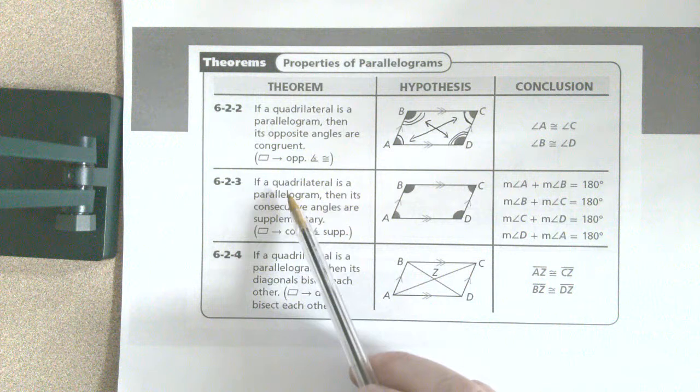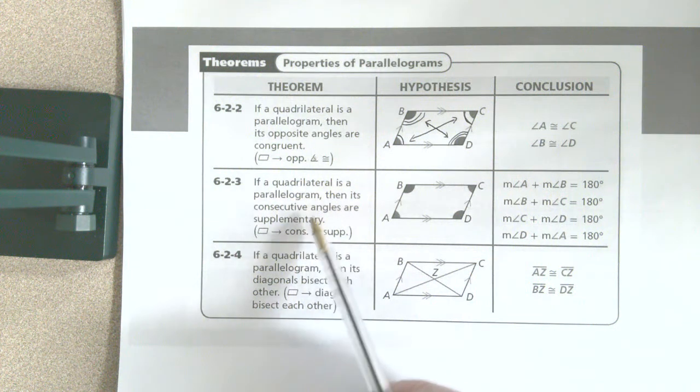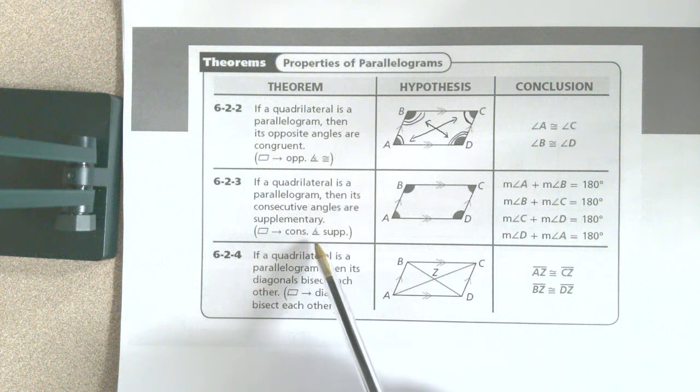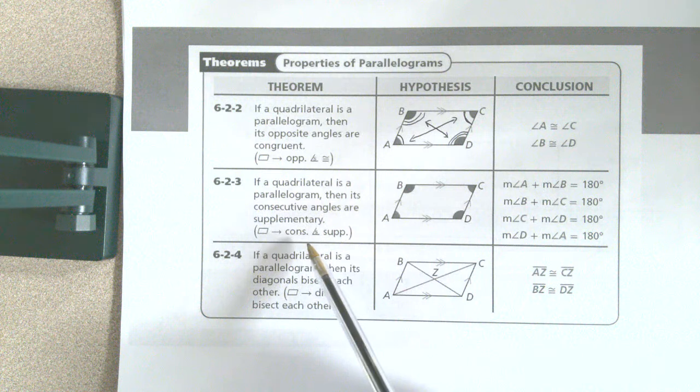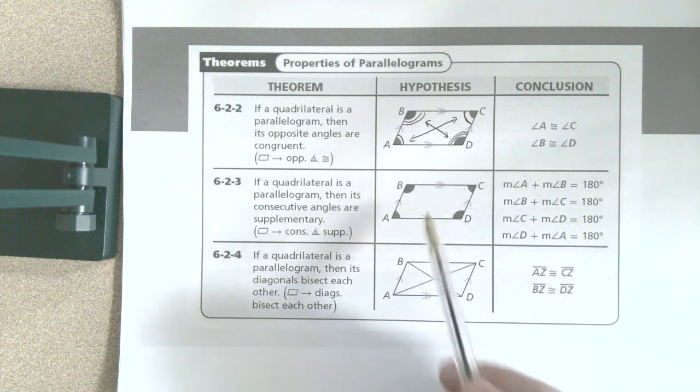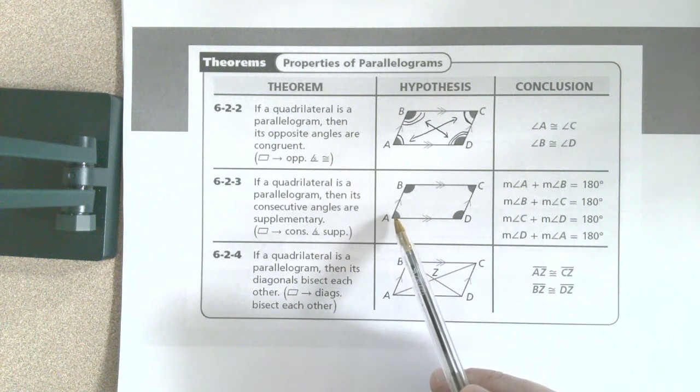Property number 4 says this: if a quadrilateral is a parallelogram, then the consecutive angles are supplementary. Hopefully you remember from our parallel lines unit what it means for angles to be consecutive. So in this picture, there really are four sets of these.